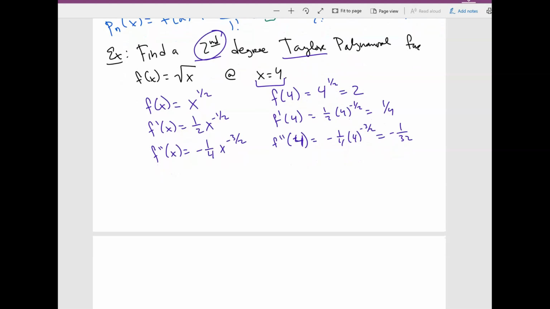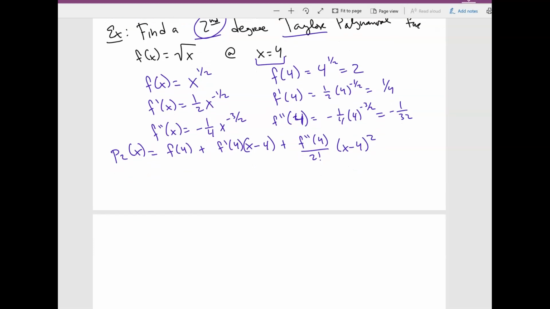Now what I'm going to do is plug in my second degree Taylor polynomial centered at 4. That's just going to be f of 4 plus f prime of 4 times x minus a, which in this case is 4, plus f double prime of 4 over 2 factorial times x minus 4 squared.